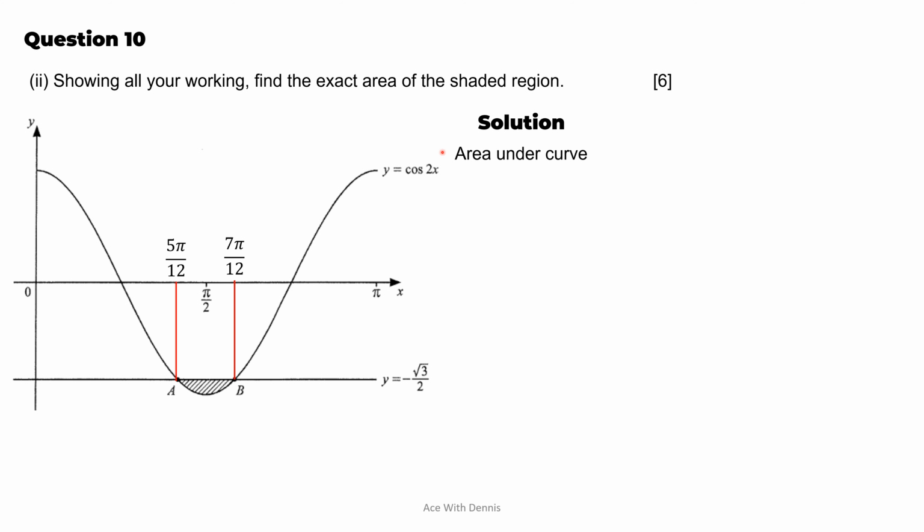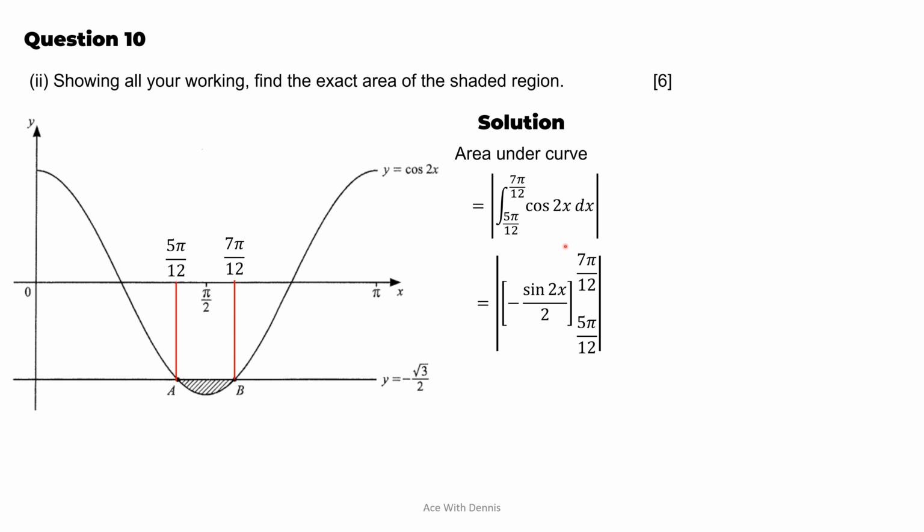Now I want to find the area under the curve first, which is this region. It equals the modulus of the integral from 5 pi/12 to 7 pi/12 of cosine 2x dx. I put a modulus sign here because, looking at this diagram, it is below the x-axis, so I expect to get a negative value. Since we want to find the area, we can just ignore the negative sign.